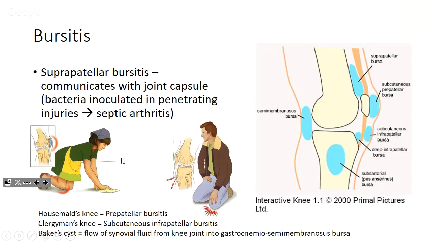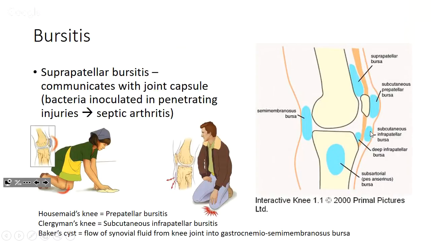Bursitis, essentially there are two types. There's housemaid's knee and clergyman's knee. To differentiate them, think of how the person kneels. A clergyman kneels upright, like at a kneeling pew in church, and that affects the area slightly below, so it's the infrapatellar bursitis.